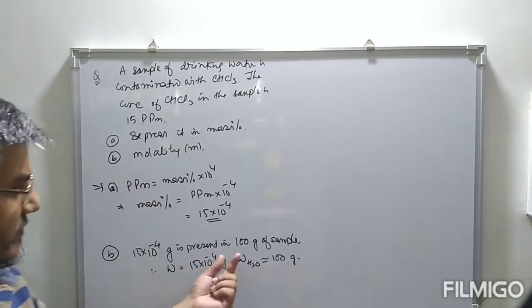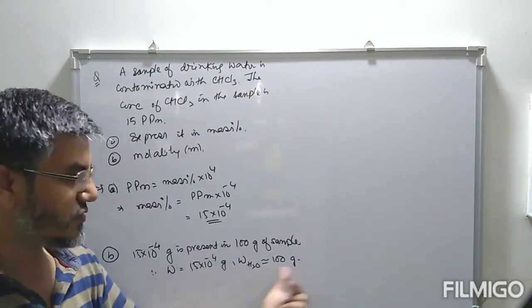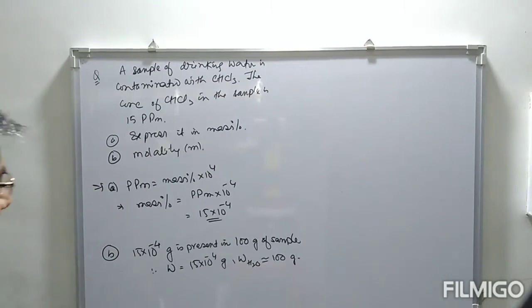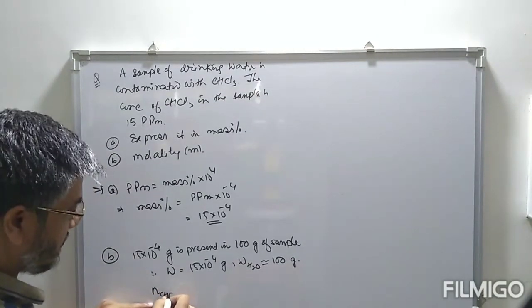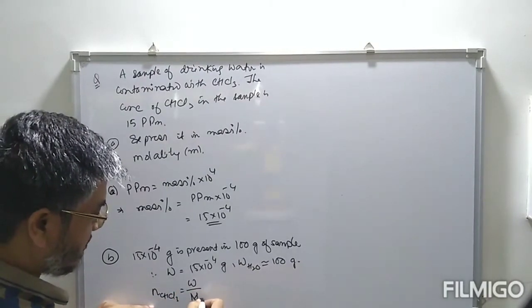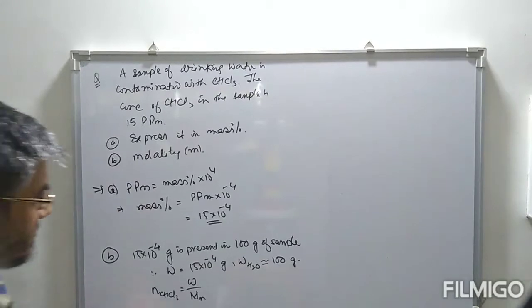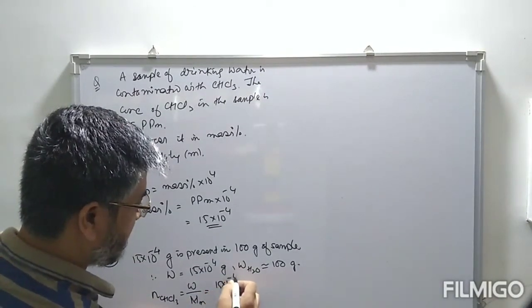You can also take the exact value, 100 minus this value, approximately 99.99, which is almost 100. Therefore, the number of moles of chloroform is equal to mass divided by molar mass. Mass is 15 into 10 to the power minus 4.